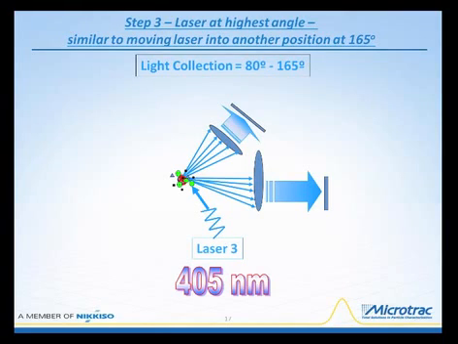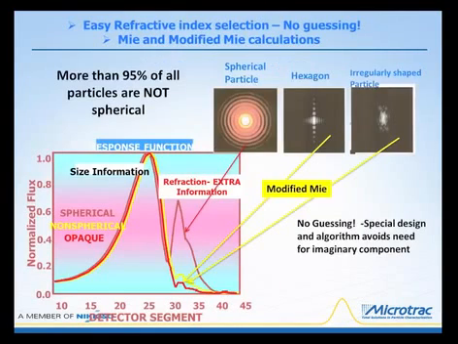So this is the basic concept of the tri-laser system. We're swinging lasers into different positions, providing different incident angles without moving the lasers and without high complexity to the optical system. Now, one of the things that Microtrac introduced a number of years ago was the concept of making calculations on spherical particles and particles that are not spherical.